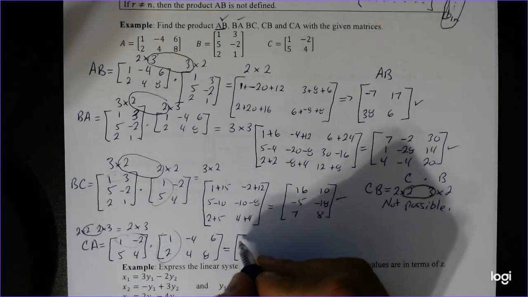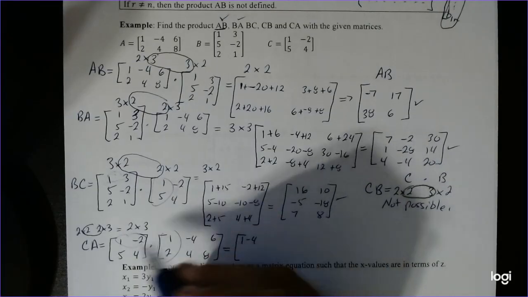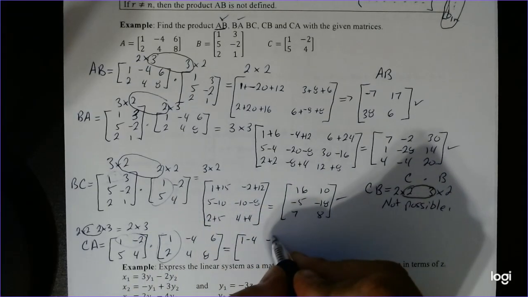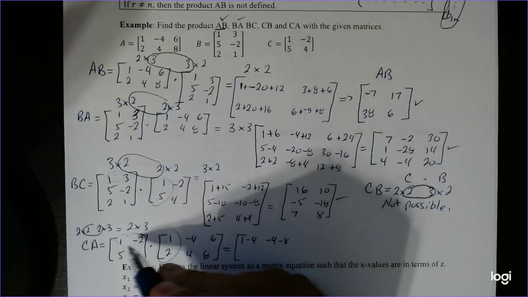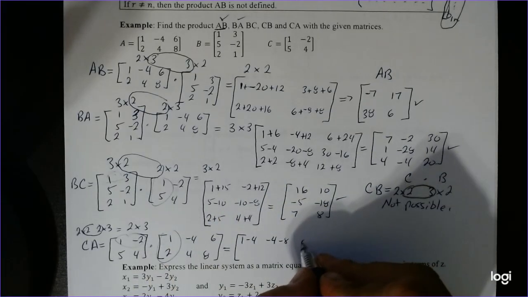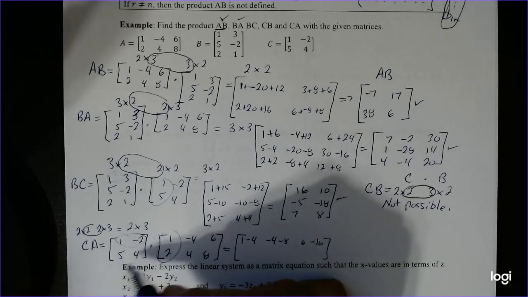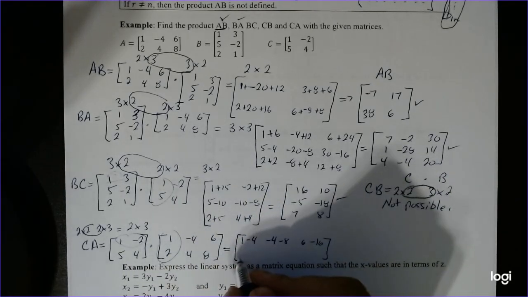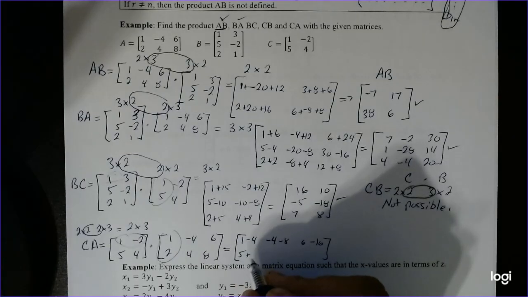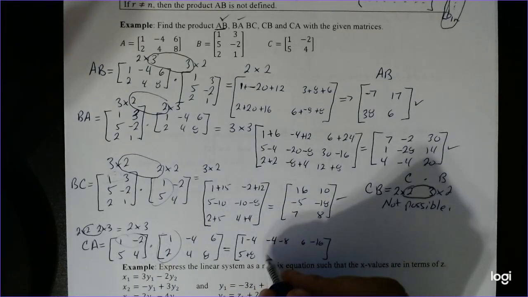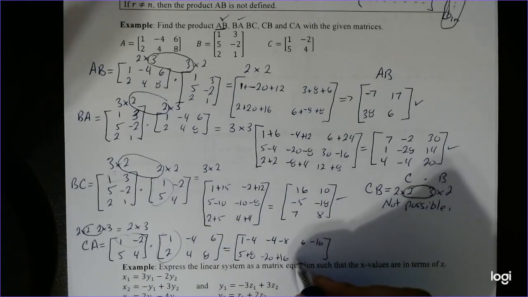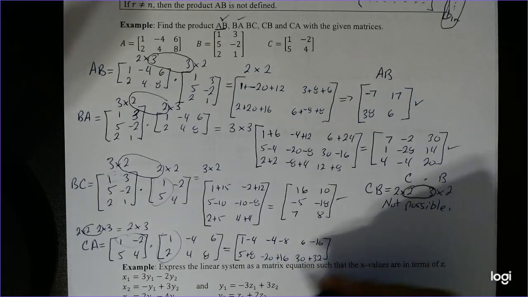So first entry be 1 minus 4. Next entry, negative 4 minus 8. And the last one, 6 minus 16. And now we do the last row with each column here. So 5 plus 8, negative 20 plus 16, and then 30 plus 32.